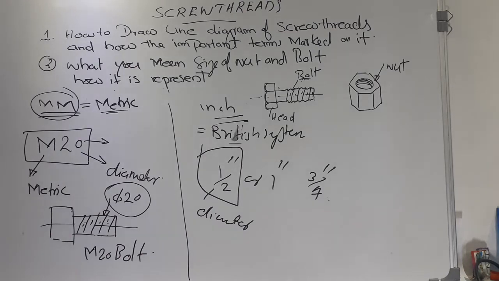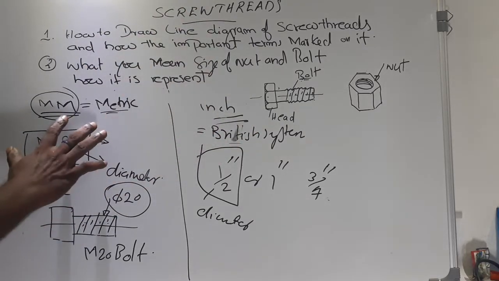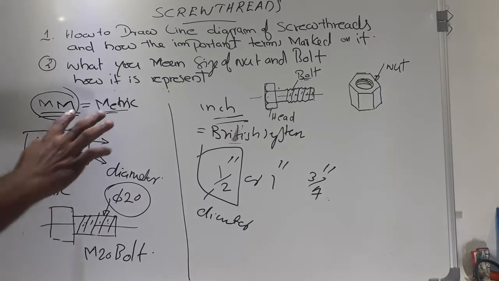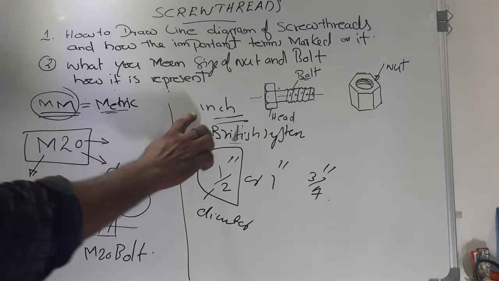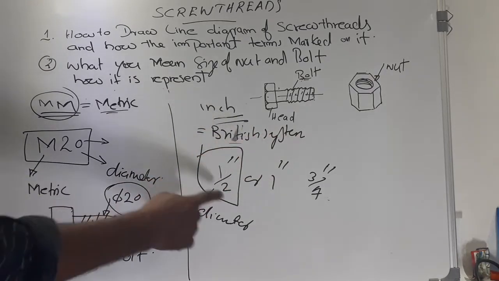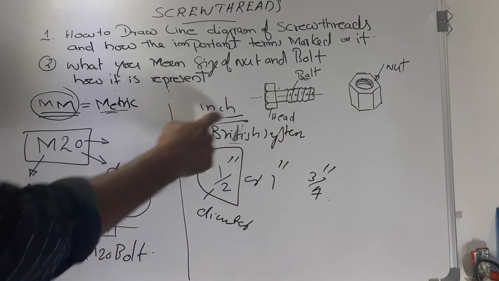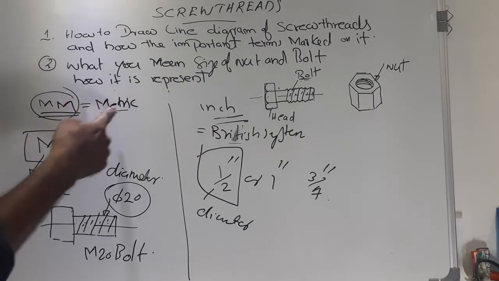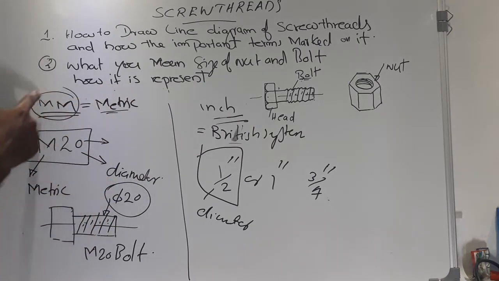That means according to system of units, our threads are classified into two types: metric system of units and inch system or British system of units. In the British system, all dimensions are kept in inch graduations, whereas in the metric system, all dimensions are kept in millimeter.